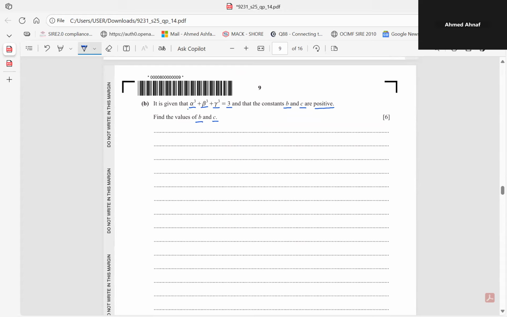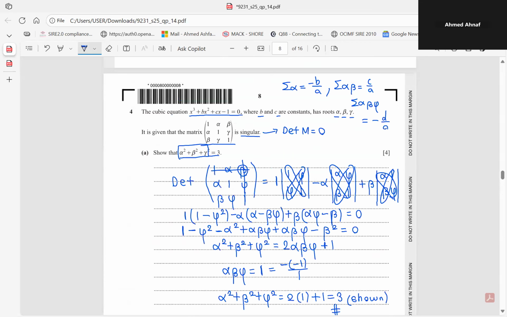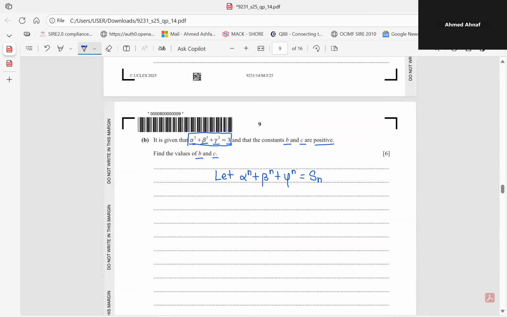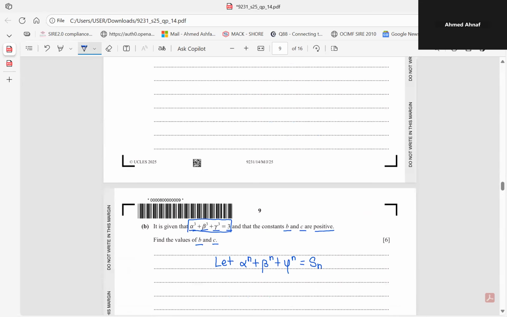So using this piece of information, let's first let alpha to the power of n plus beta to the power of n plus gamma to the power of n equal Sn. And we'll use this relation to, we'll use our original cubic equation to substitute this in.